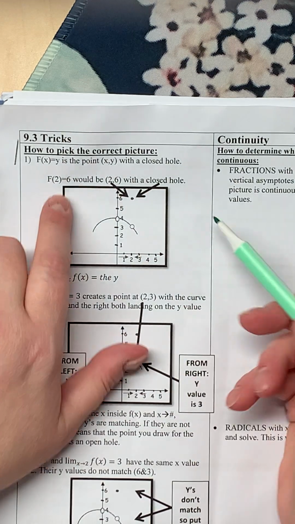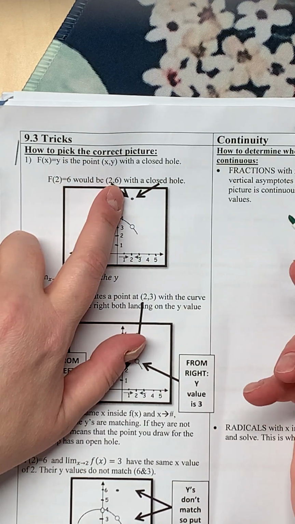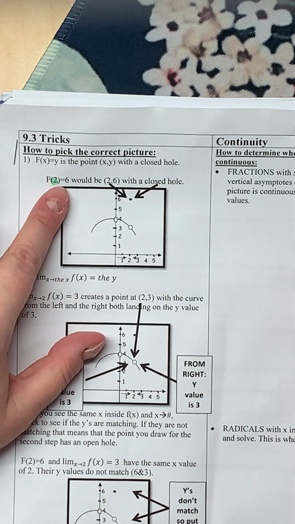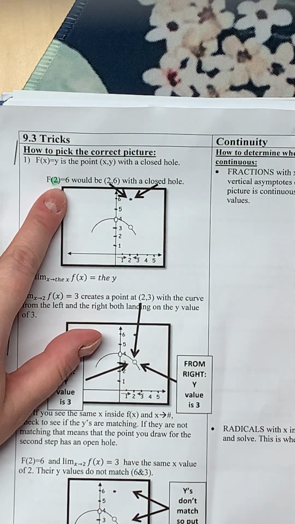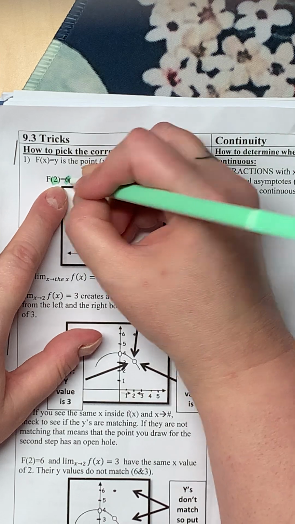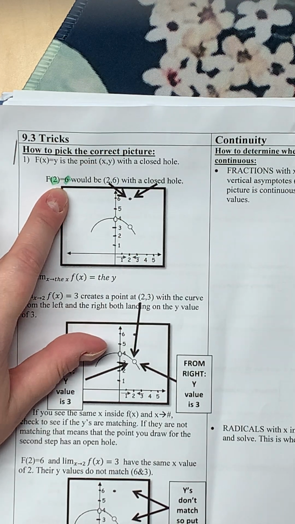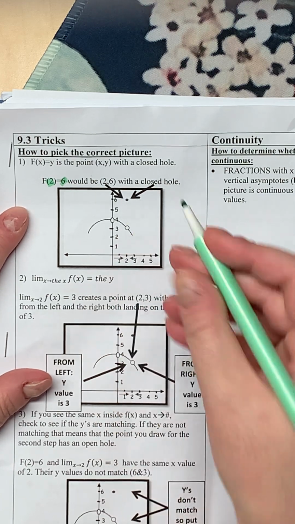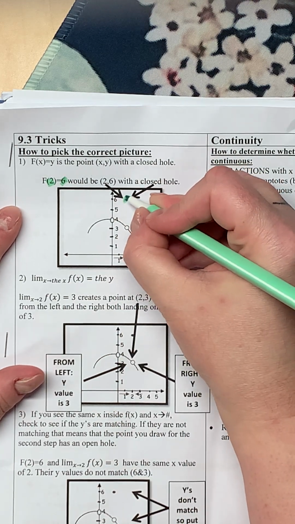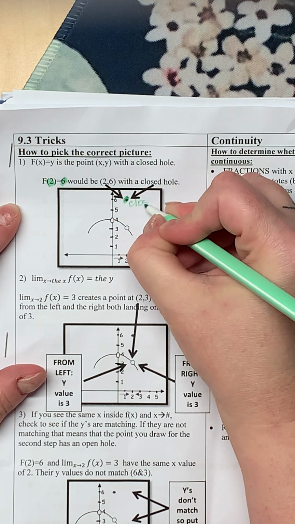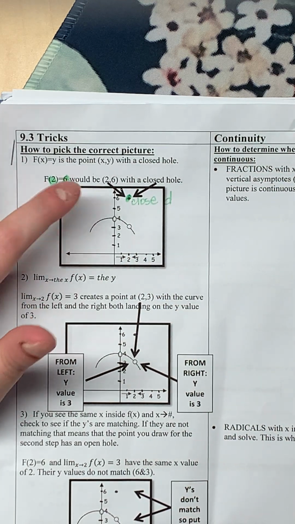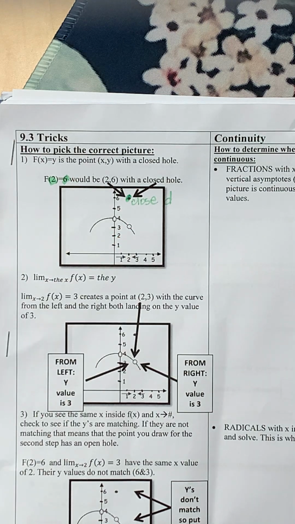So this f of 2 equals 6 is a closed hole. The 2 in the parentheses after the f is the x value, and the number that we're equal to is the y value. So at 2 to the right, 6 up, there's a big fat closed hole. So on your homework, if it gives you f of something, there has to be a closed hole there.